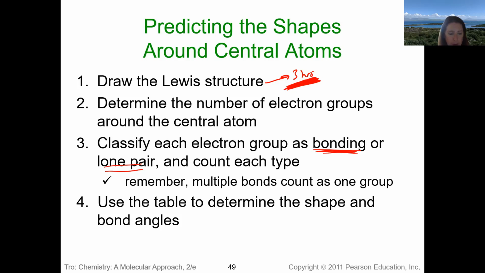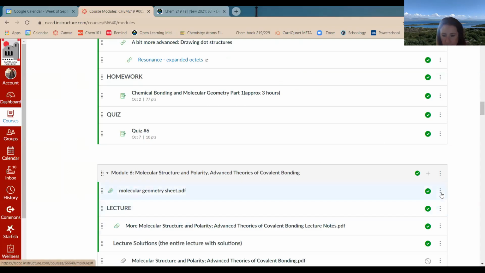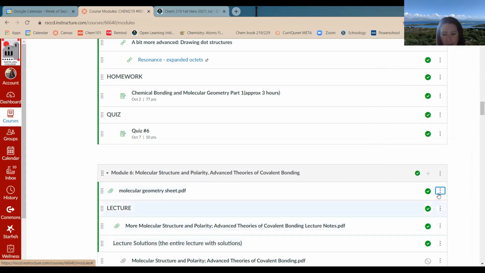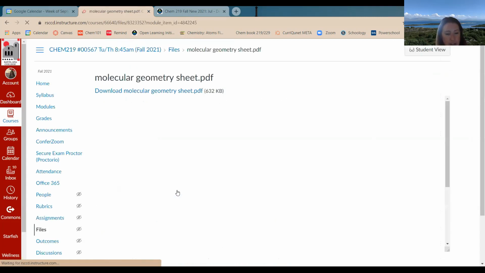So let me just show you. I'm going to put it in the module here, but here it is. I'm going to copy this to the module we're on. Actually, I'm just going to make a copy. Sorry, my internet is, as you can see, not working. Anyway, I'm going to put this in the module so you can see it, but here's the molecular geometry sheet.